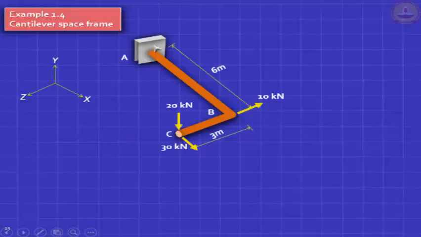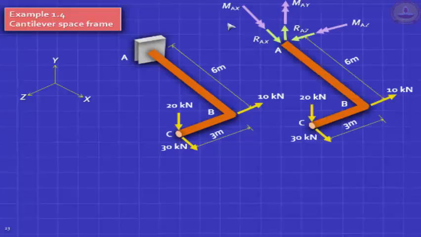Now, first of all, what are the reactions? How many reactions will you get at A? Can you do it yourself? Okay, I'll tell you that you can draw the reactions like this. You've got three axes. A double arrow shows a force, a double arrow vectorially shows a moment.